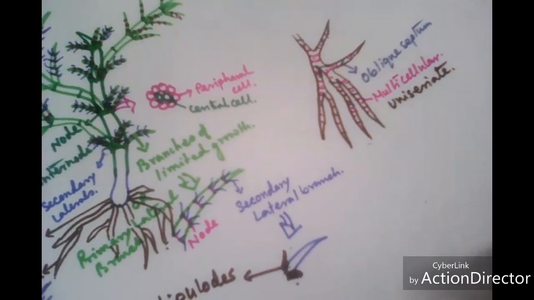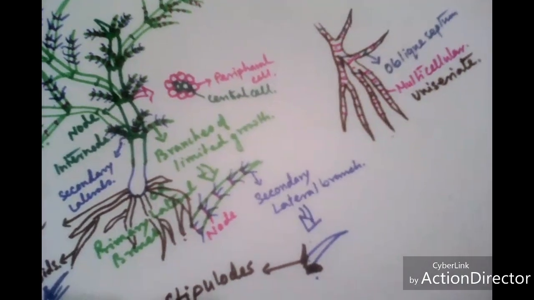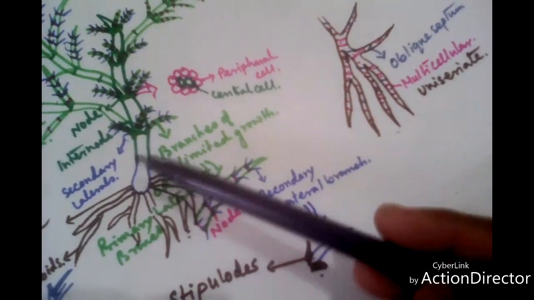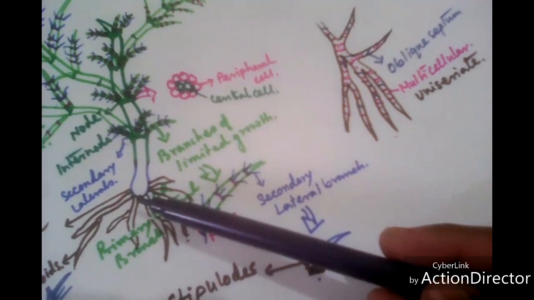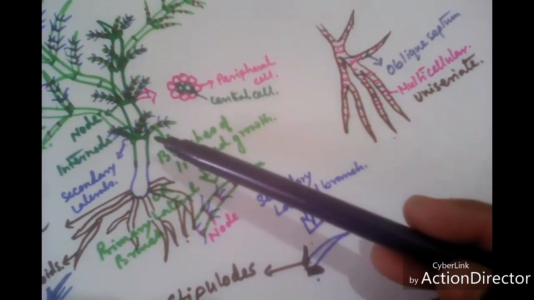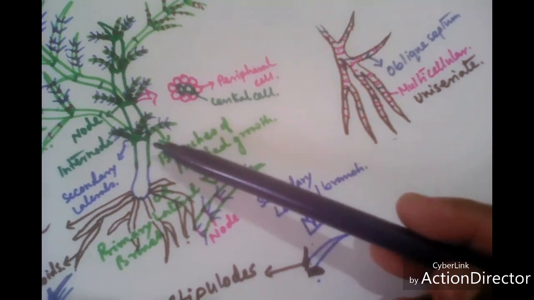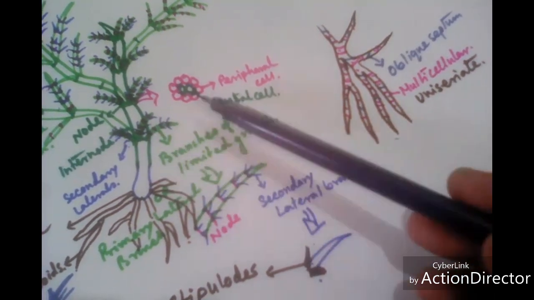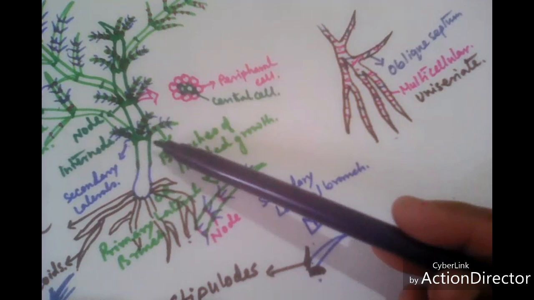Rhizoids arise from the base of the main axis, or sometimes from the lower peripheral cells.